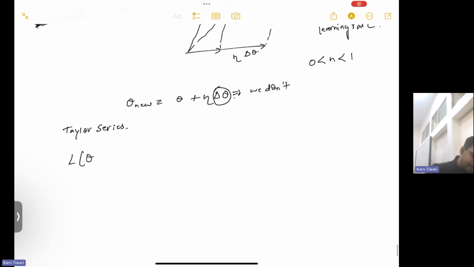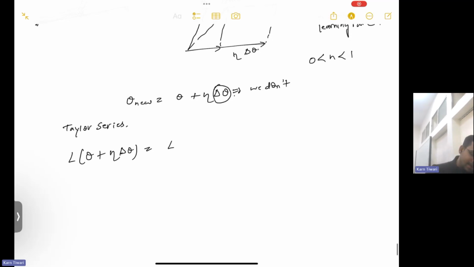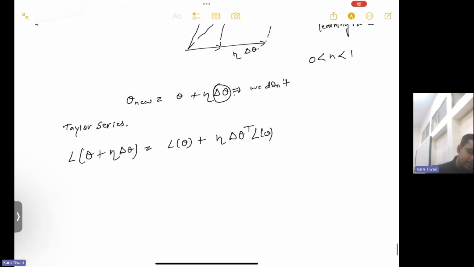So basically we want L of theta plus eta del theta. If you expand the Taylor series around theta, it will be L of theta plus eta del theta transpose, gradient of L theta.